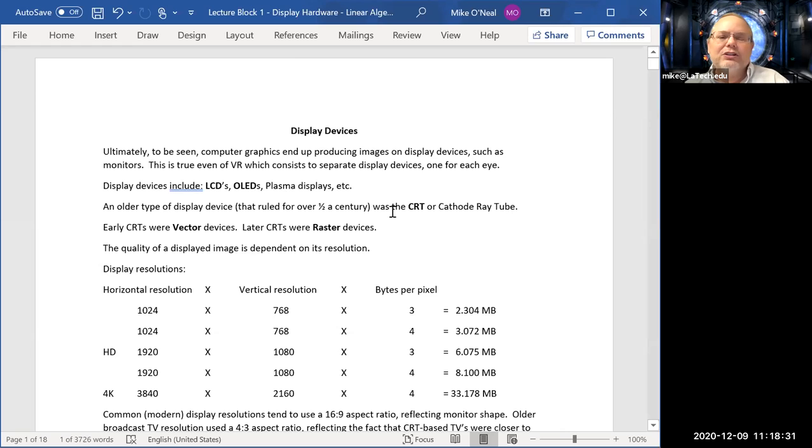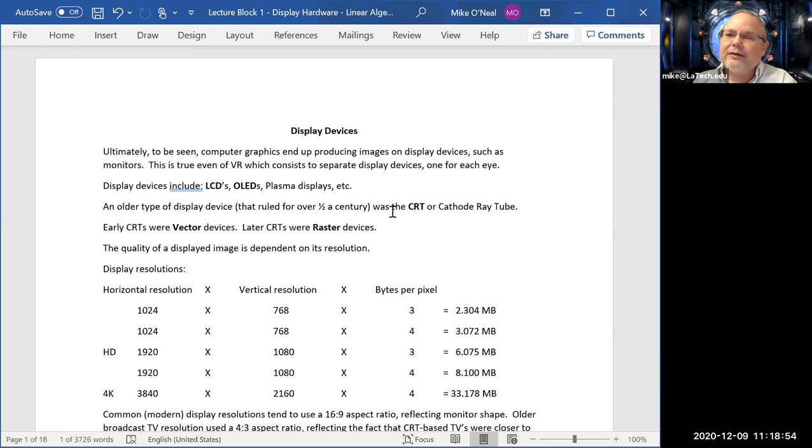But the image quality was pretty crappy. And it was even worse than I'm describing, because I'm saying it's 640 by 480, but really it was 640 by 480 interlaced, which meant that it would draw one field of lines, and then on the next pass it would come back and fill in the lines between them.